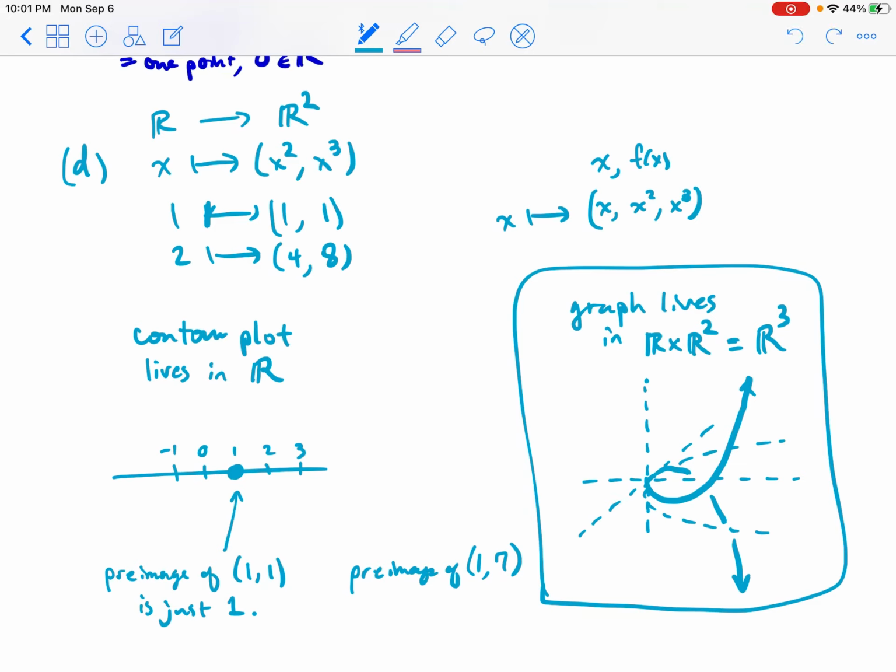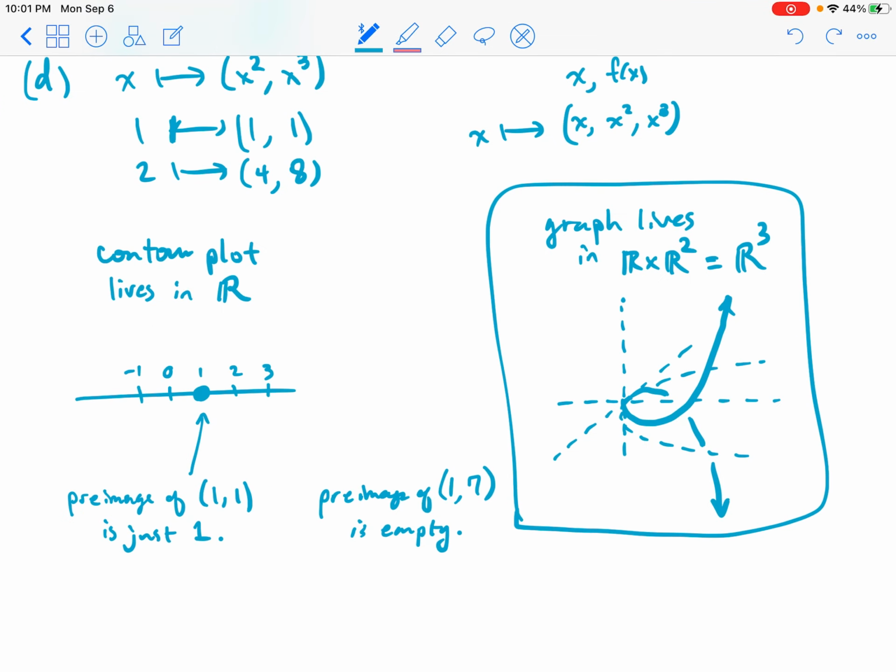The preimage of this is empty. There are no points, so it just doesn't get anything. We don't draw anything there. And the preimage of 2, 2 is empty, and really most of these preimages are empty.